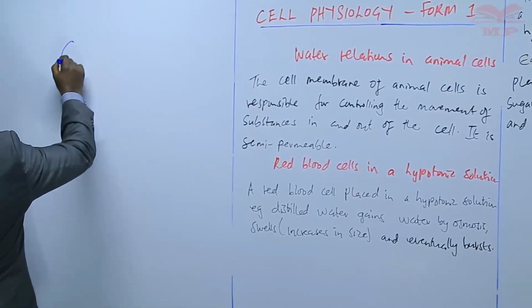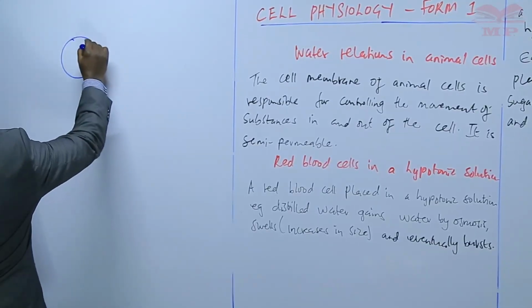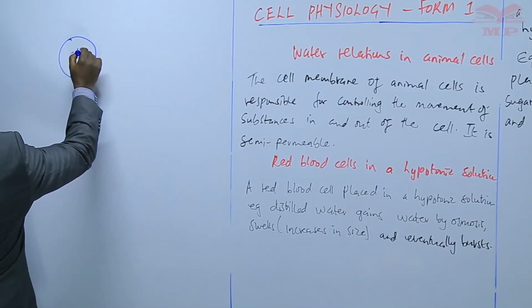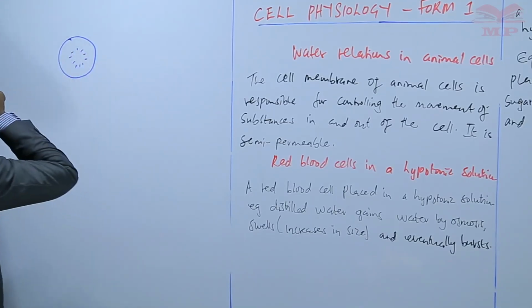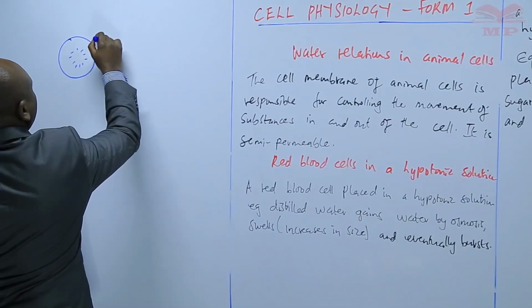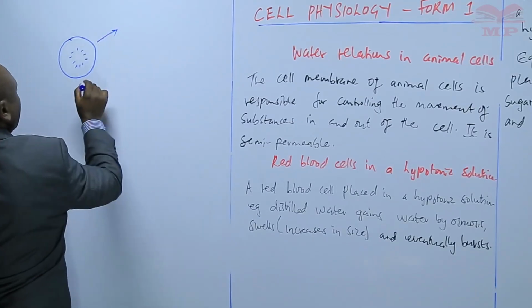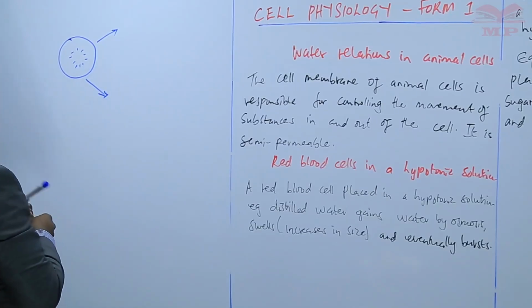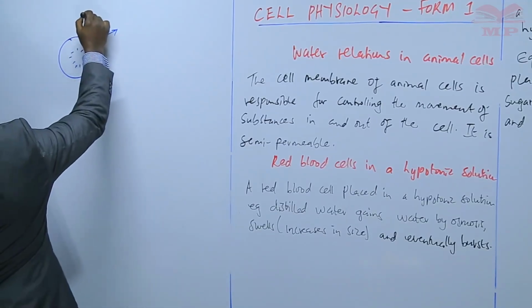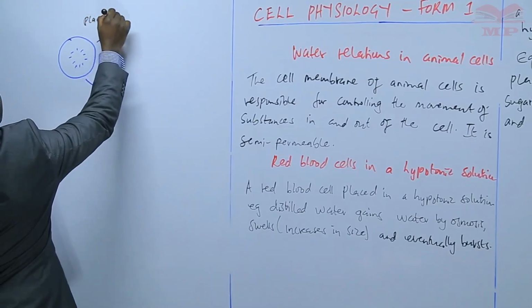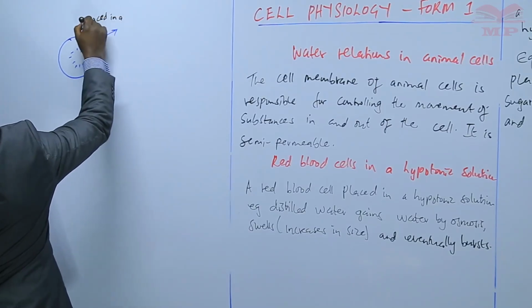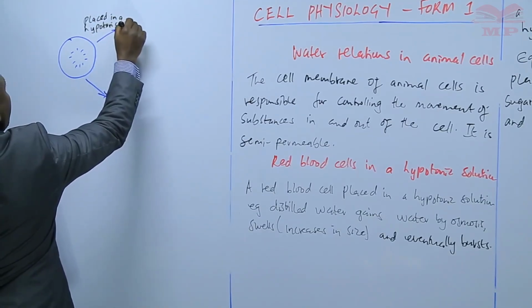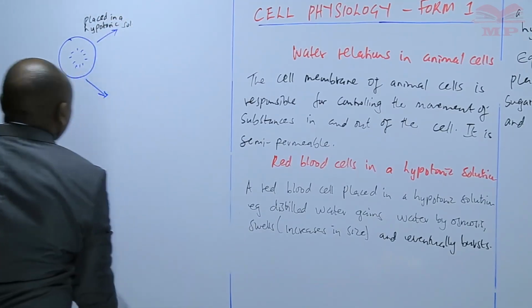So we have, for instance, a red blood cell, and on this side, this one is placed in a hypotonic solution.